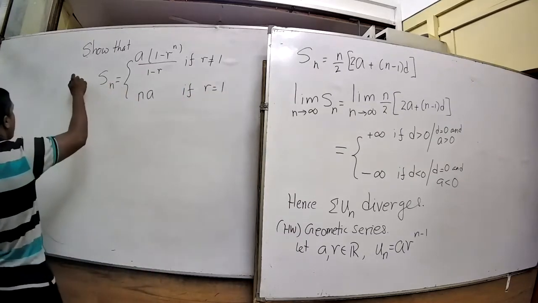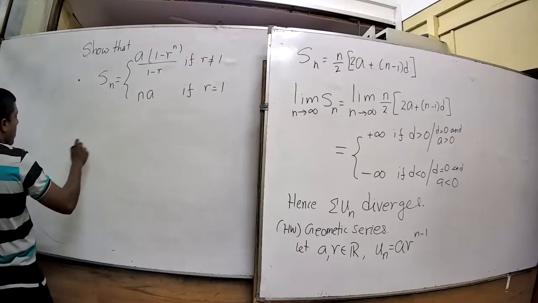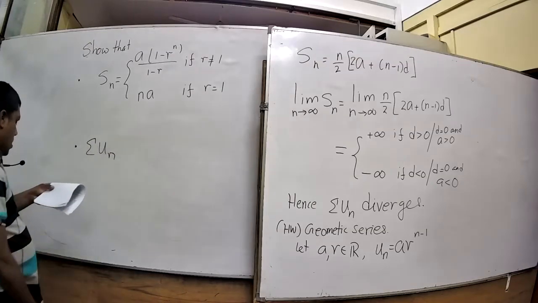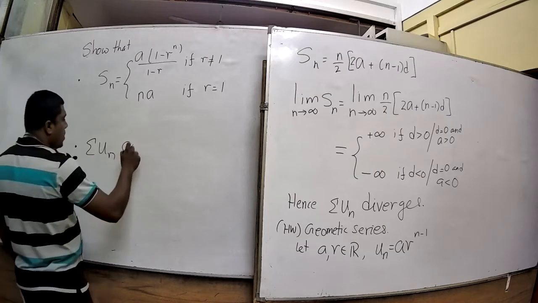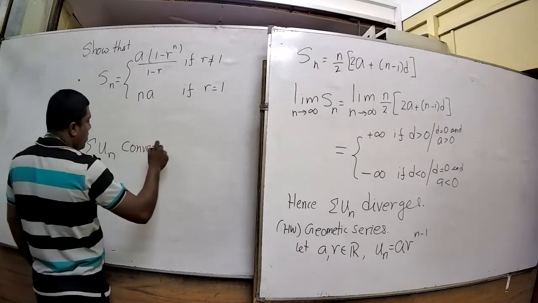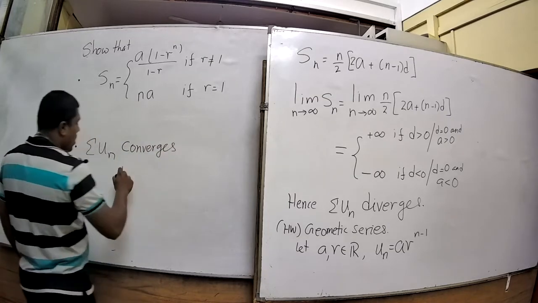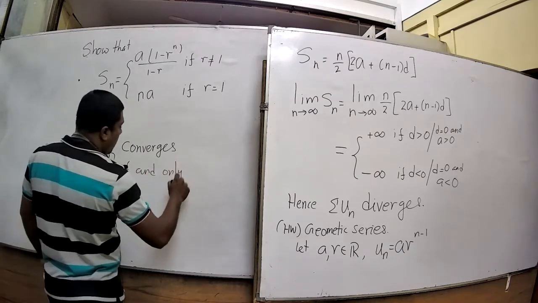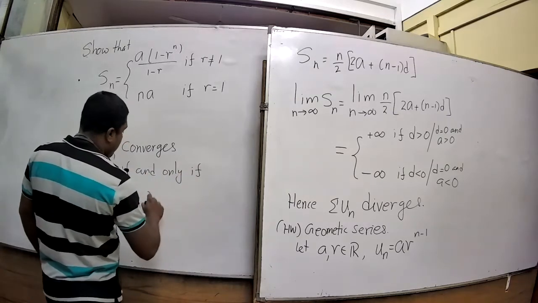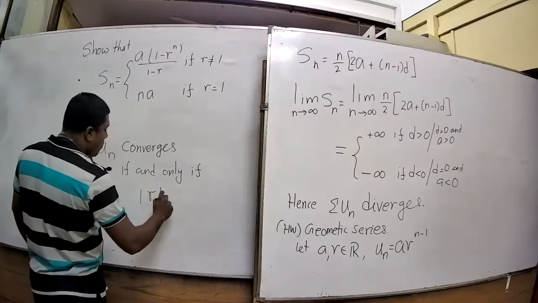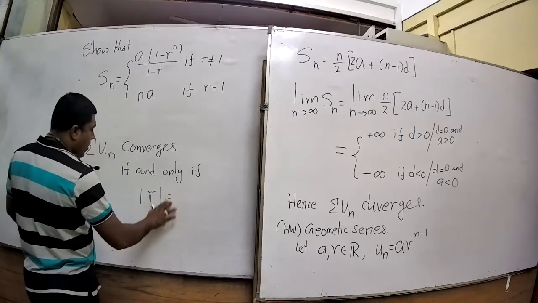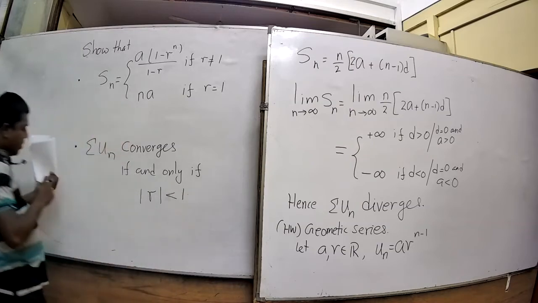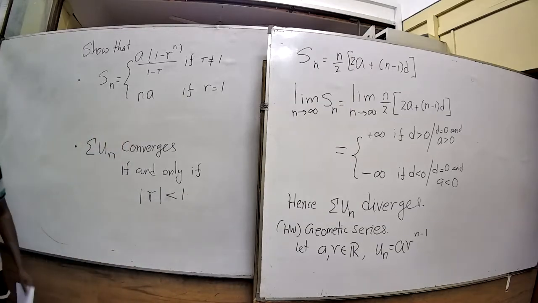That is the first thing. Second one, summation of un converges if and only if the absolute value of r is less than 1.